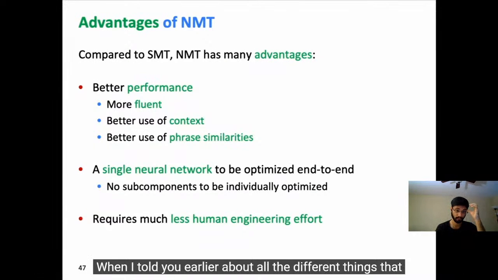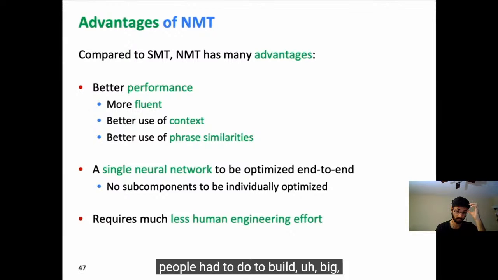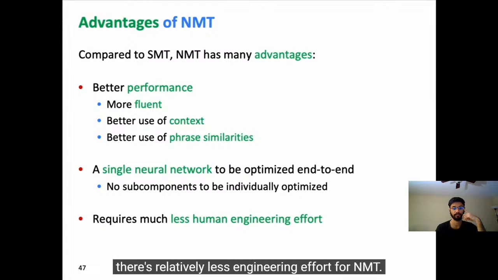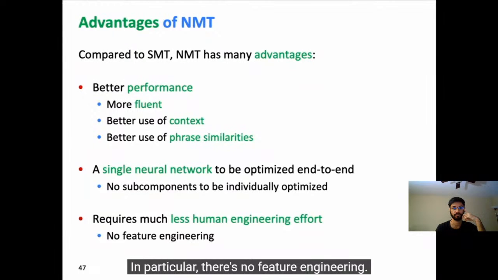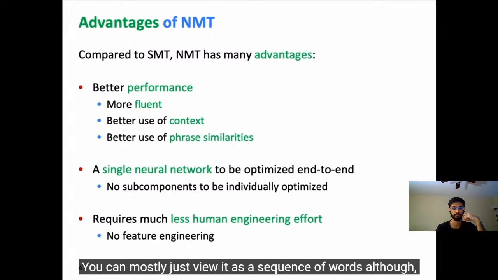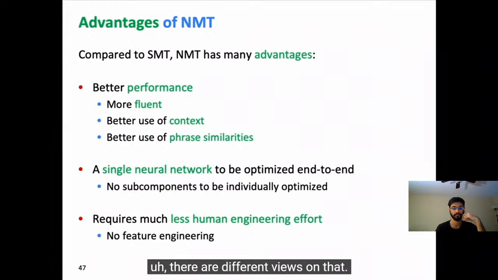When I told you earlier about all the different things that people had to do to build big powerful SMT systems, there's relatively less engineering effort for NMT. NMT is certainly not easy, but it's less complicated than SMT. In particular, there's no feature engineering. You don't have to define what features of linguistic phenomena that you want to capture. You can mostly just view it as a sequence of words, although there are different views on that.